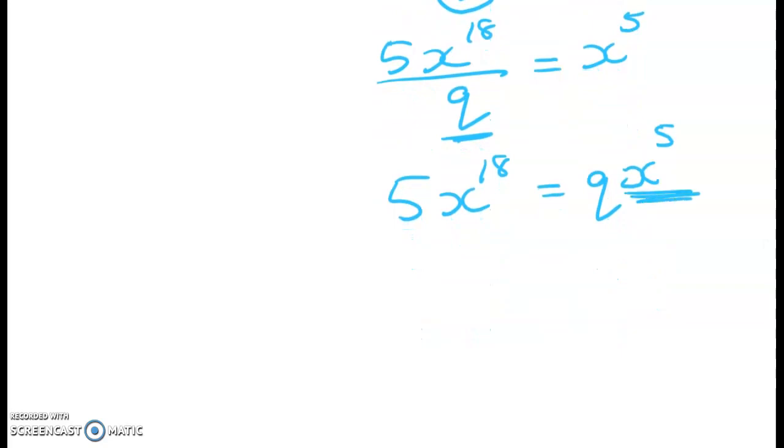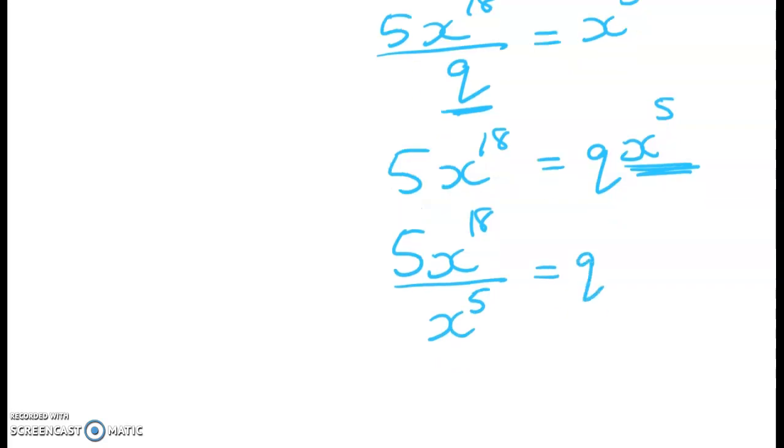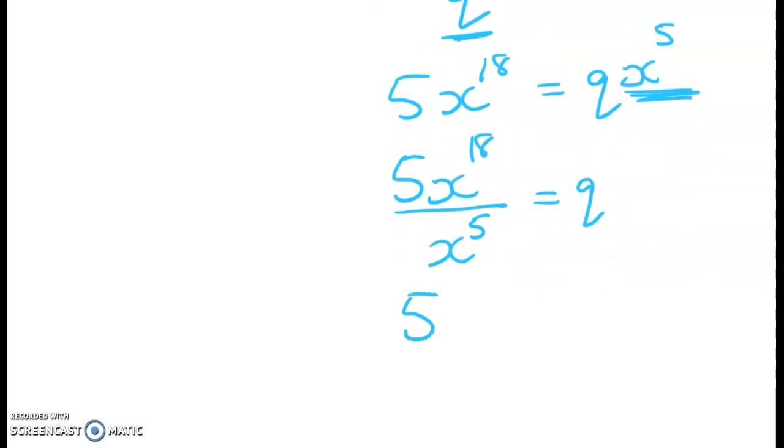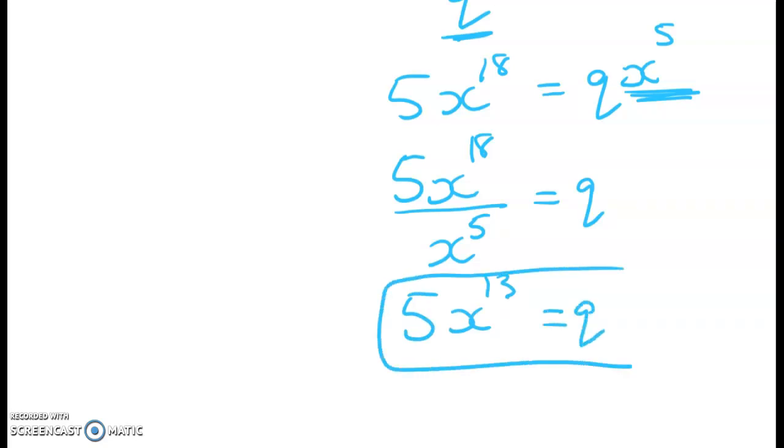Lastly, to isolate q, I'm going to divide both sides by x to the power of 5. That gives me a final answer of 5x to the power of 13. So that's what q has to be.